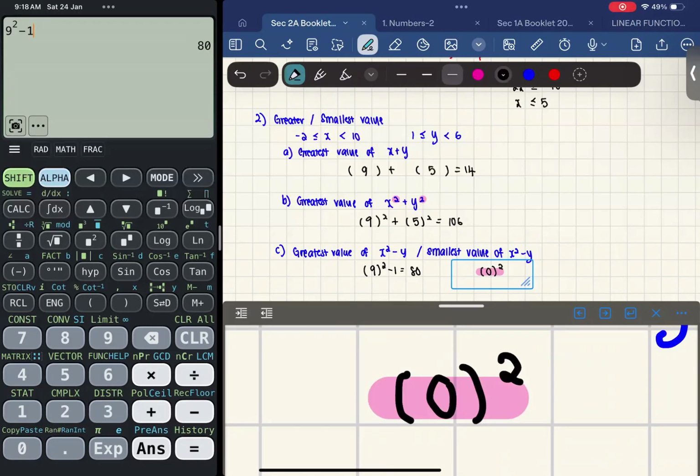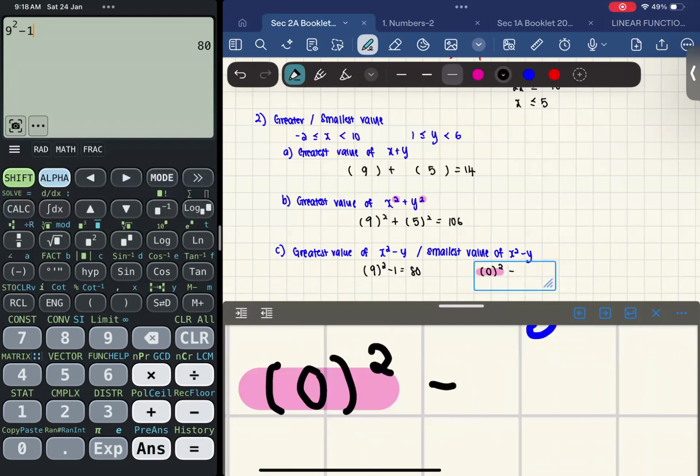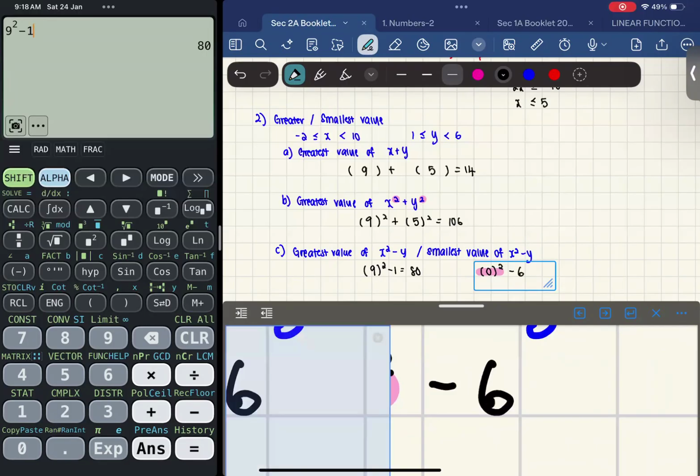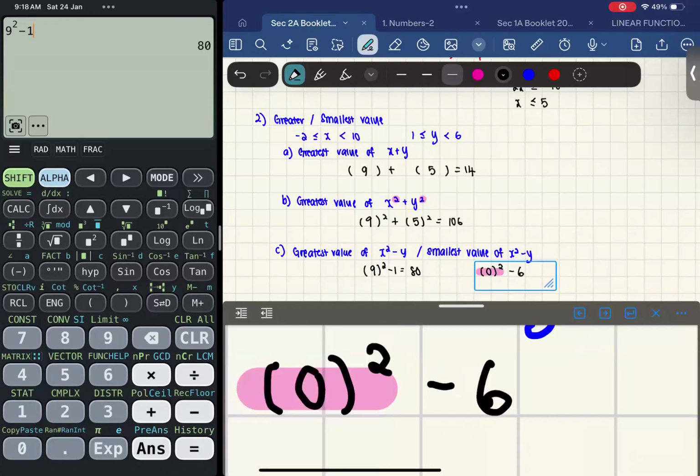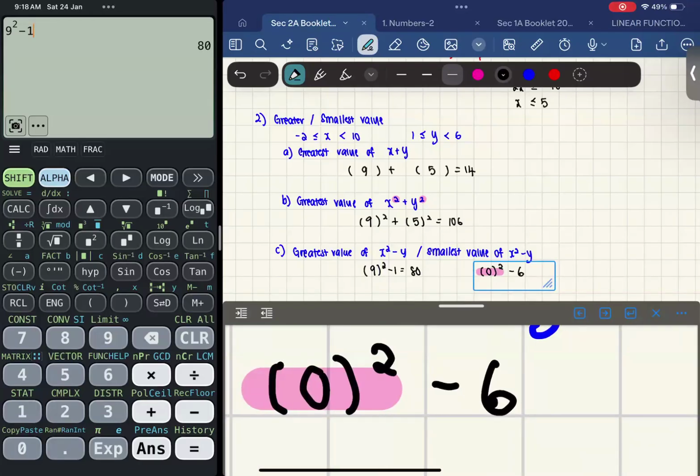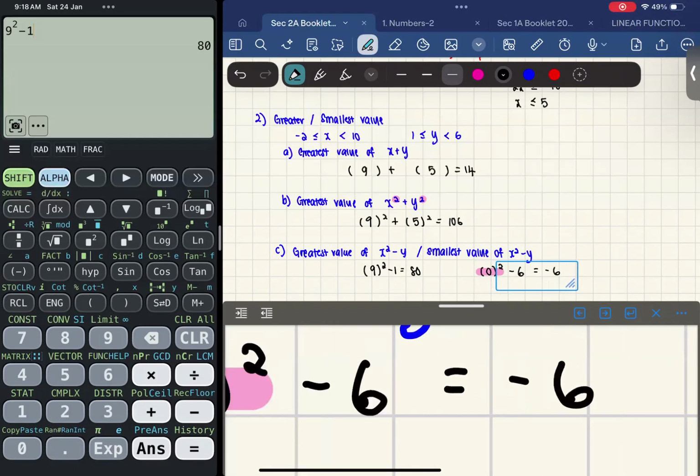And then minus, I want the smallest value. It will be a -6. Okay, not -1, right? Because the sign in front is negative. So to minimize this, I got to find the greatest positive value. So at the end of the day, it's a -6.